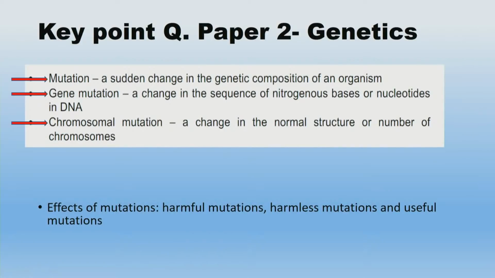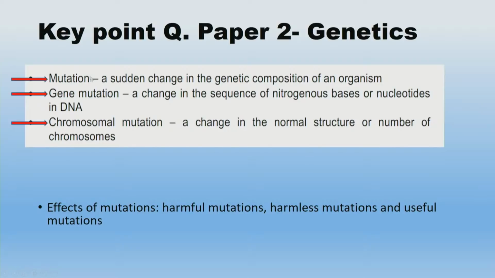Then again on genetics, we must be able to state the fact of mutation and chromosomal mutation. In genetics, we have mutation, which is a sudden change in the genetic composition of an organism. And that is the general explanation for a mutation.